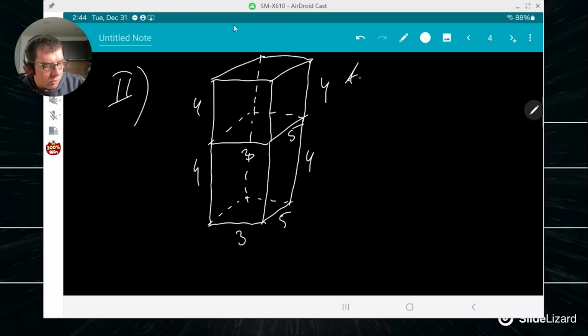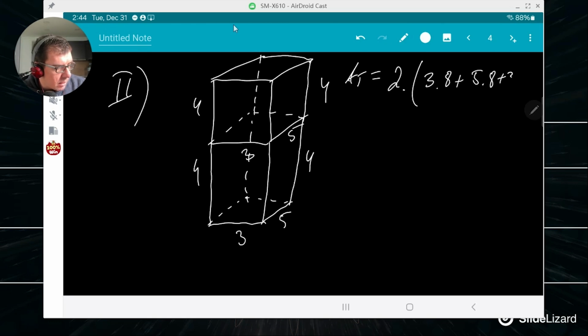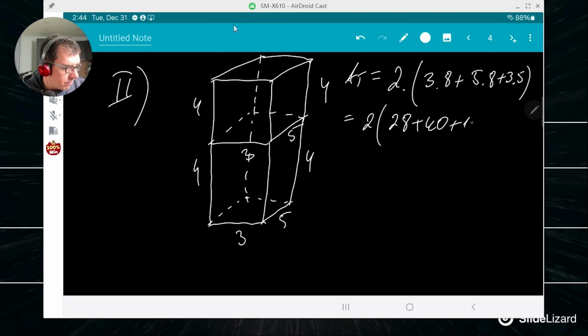So the total area is going to be 2 times (3 times 8 plus 5 times 8 plus 3 times 5), because the height is now 8. So in this case I have 2 times (24 plus 40 plus 15).